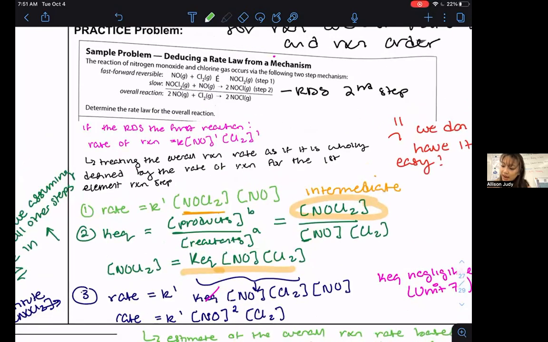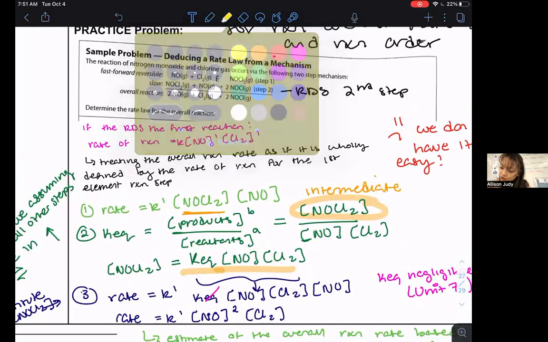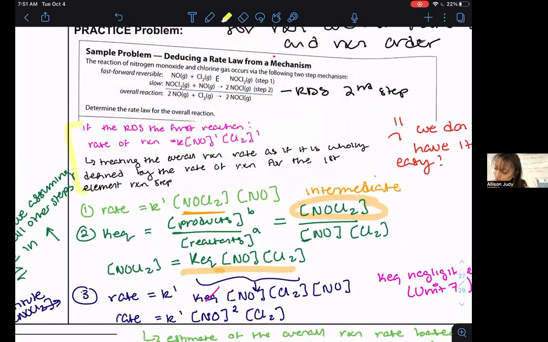If it's your first reaction step, it's easy peasy, lemon squeezy. This is the dream, because then all you do is write the rate law for the entire reaction as if it's the rate law for your first elementary reaction. That's easy. That's why I'm spending no time on it.